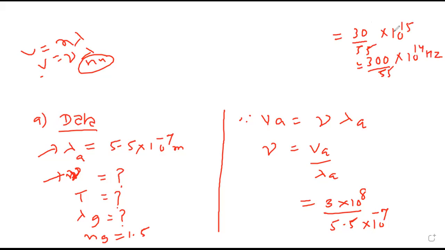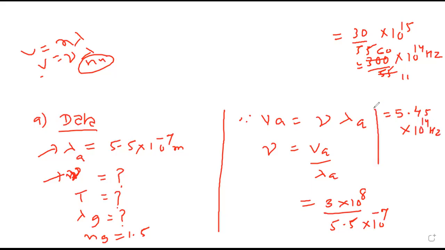You can take 5 into 11, 5 into 60. 11 into 5 is 55. Remainder will be 5. So 11 into 4, 44. Now remainder 6. So this 545 will be recurring into 10 raised to 14 hertz.